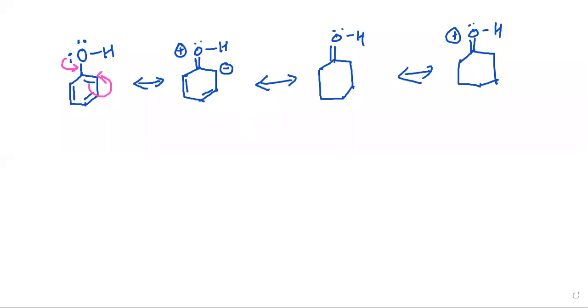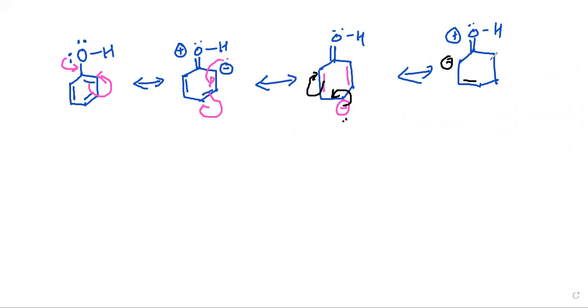Now what happens, my dear students, is that the electrons of this double bond go onto this carbon, and these electrons which are available come here. So we'll have a double bond here, and here we'll have the negative charge. In the same way, in the next structure, these electrons move in this direction, and this is how the electrons of the double bond move onto the carbon.